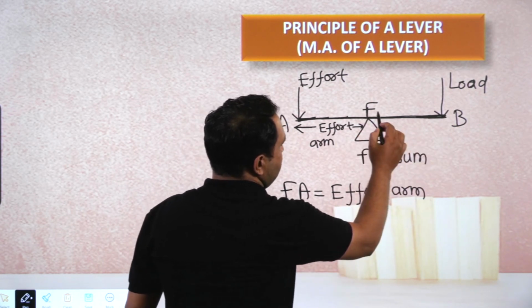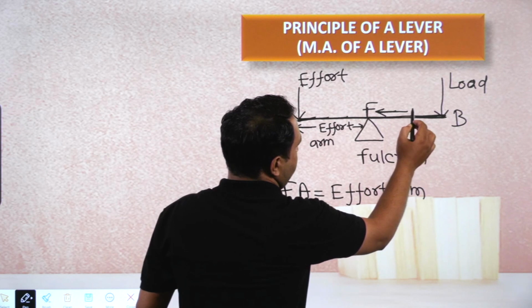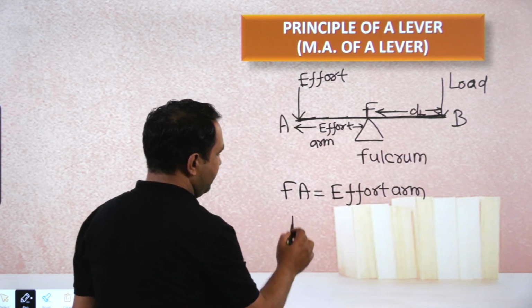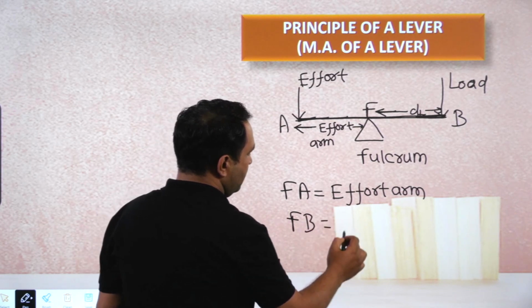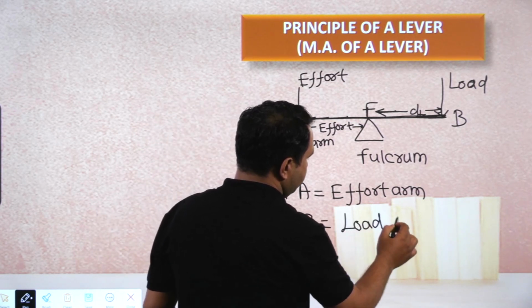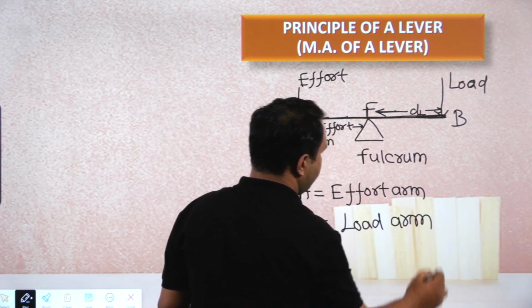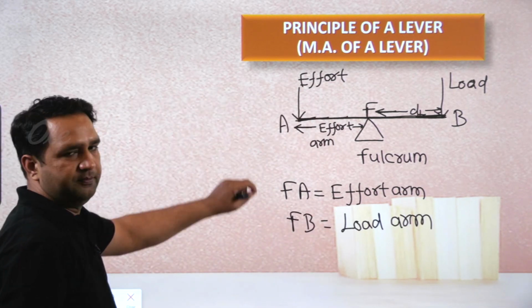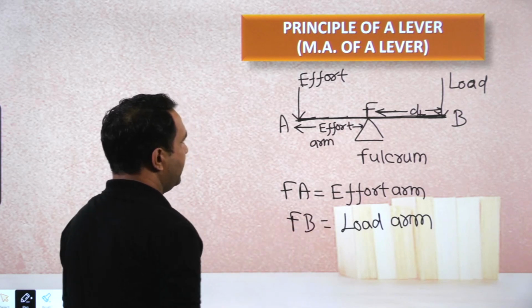And this distance FB, dL, will be considered the load arm. Right. So this is a lever. Okay, so FB is the load arm.